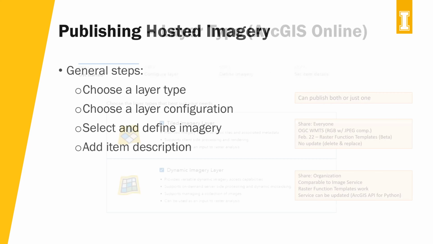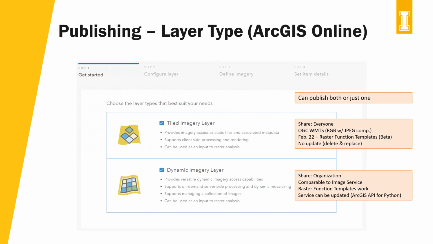So layer type. You can choose to publish both of these, or you can choose to just publish one. Right now, there are some differences that you want to be aware of here. The tiled imagery layer is the one they're promoting for the most use, and truthfully, in my experience, it works the best so far.